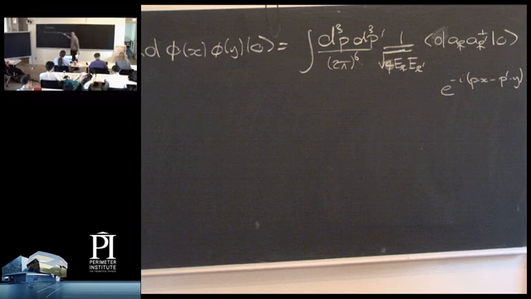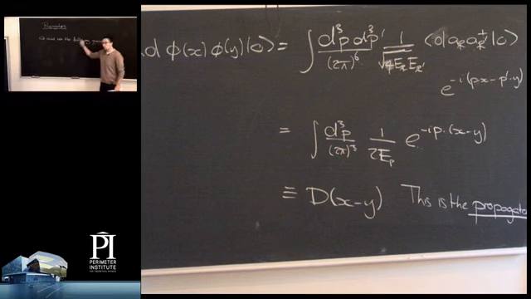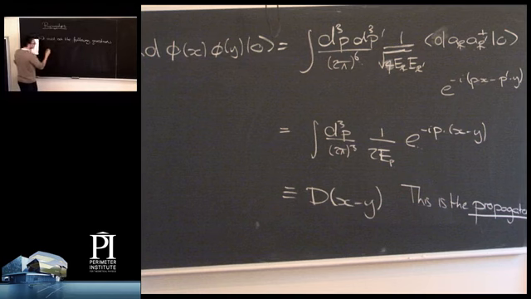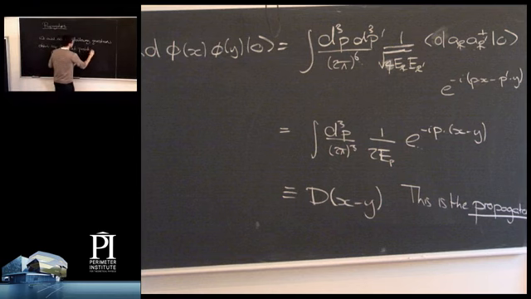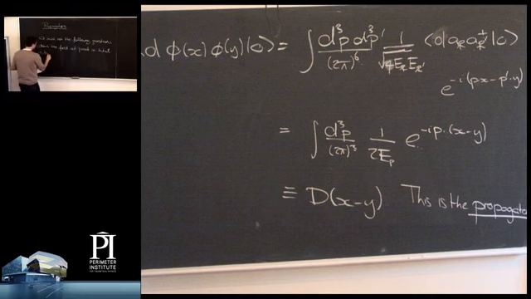Here we're going to ask a slightly different question. It's related, as you'll see. We'll ask the question that, well, let me write it down, and it's probably better to say in equations than in words. So disturb the field at point x. And then what is the amplitude for it to be at point y?